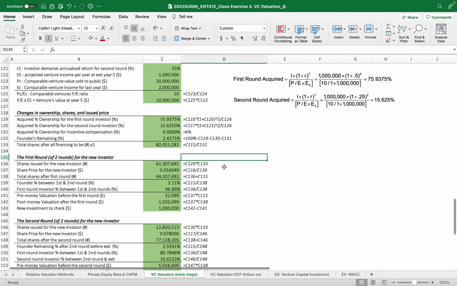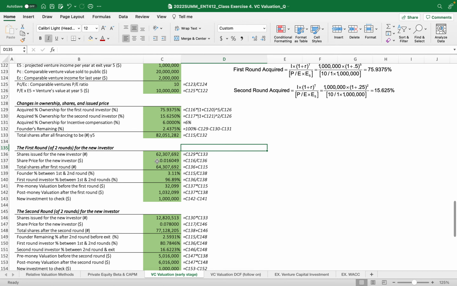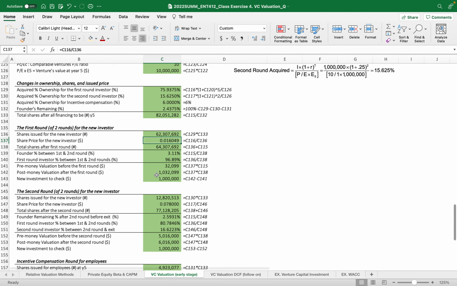And then we go to the stock price calculation, because we now can get the shares issued, and then we got the stock price, and then we can calculate the pre-money valuation and post-money valuation. We know the percentage of ownership, we know the number of shares in each round, the investors' and existing number of shares and owners' shares, and then yeah, we can also calculate the post-money valuation after each round.